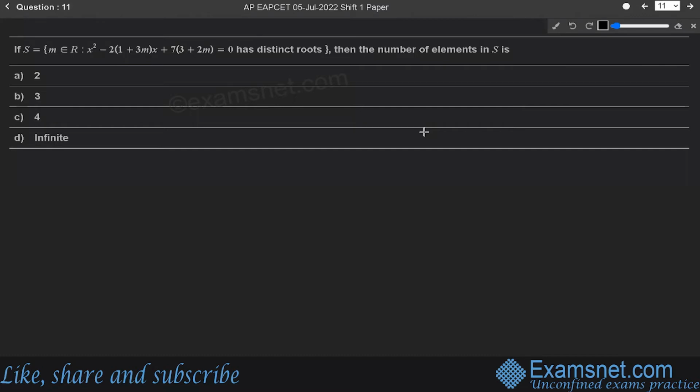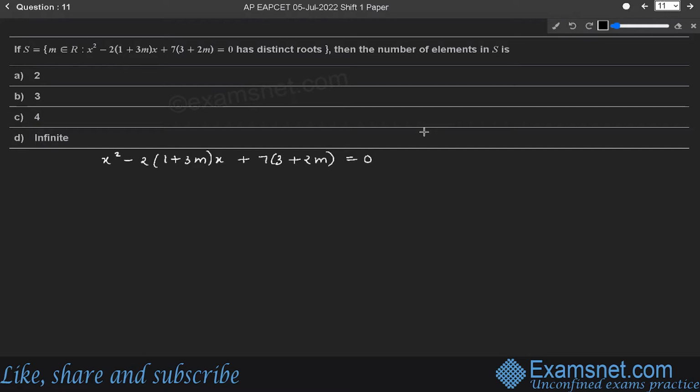Next question: if S is equal to the set of m belonging to R such that x² minus 2(1 plus 3m)x plus 7(3 plus 2m) is equal to 0 has distinct roots, then the number of elements in S is.